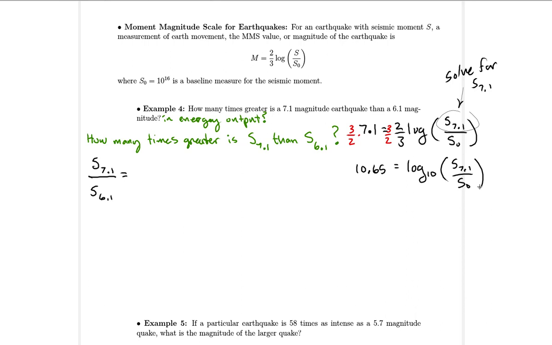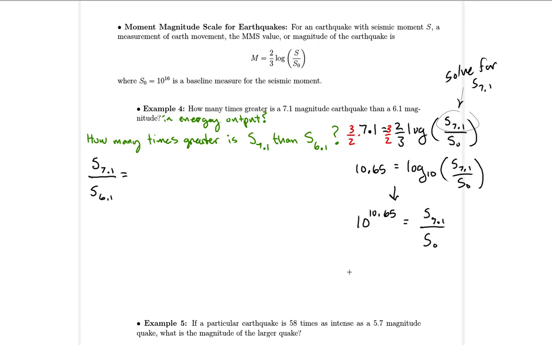But if I have that, I can now rewrite that in exponential form, right? So I can say 10 to the 10.65 equals the seismic moment for 7.1 over S0.